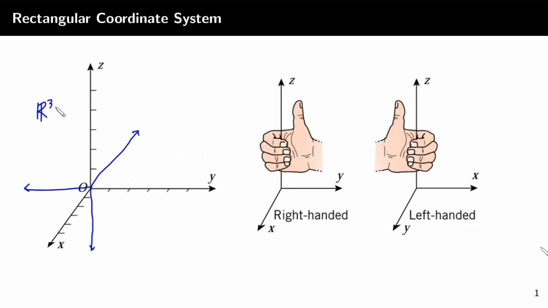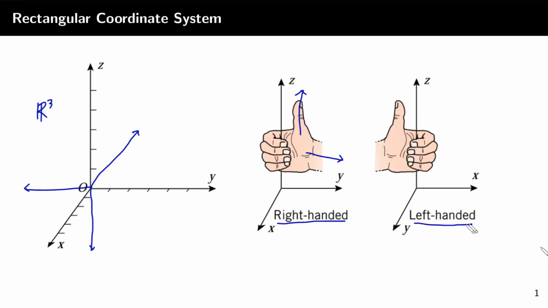Now, there are two methods for drawing the three axes. We will be using the right hand rule or the right-handed method, where if you look at your right hand, the z-axis will, your thumb rather, will point towards the direction of the z-axis, and then yung wrist nyo naman will point towards the direction of the y-axis.